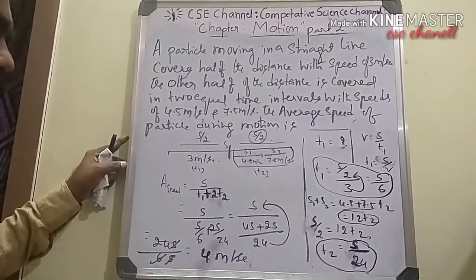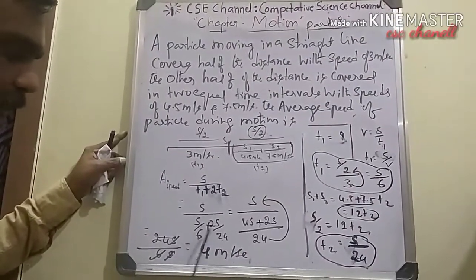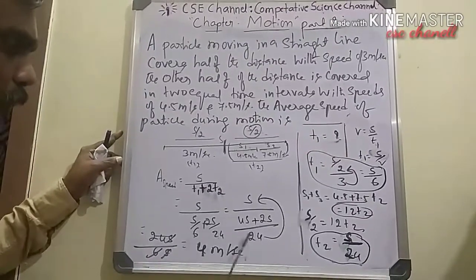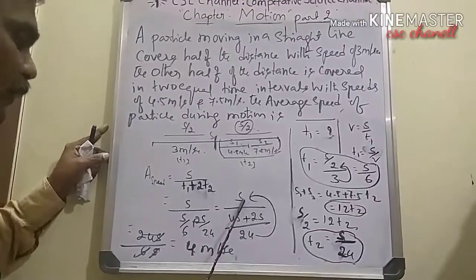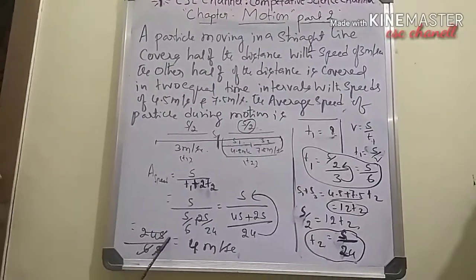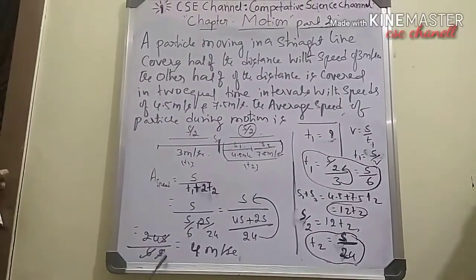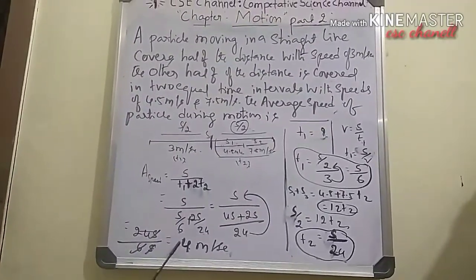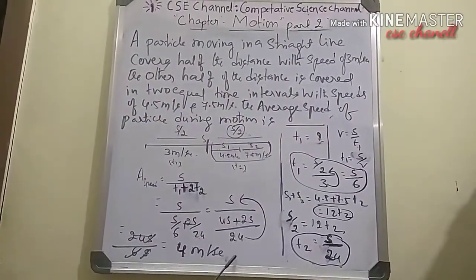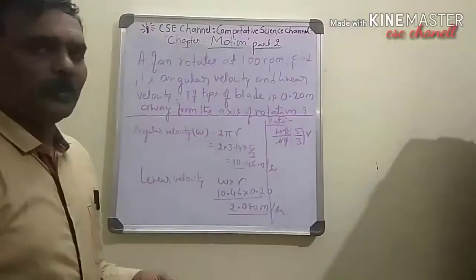Taking the LCM of 6 and 24, which is 24, we get 4S plus 2S over 24. So 24S divided by 6S, the S's cancel, and 24 by 6 is 4. So 4 meters per second is the average speed.